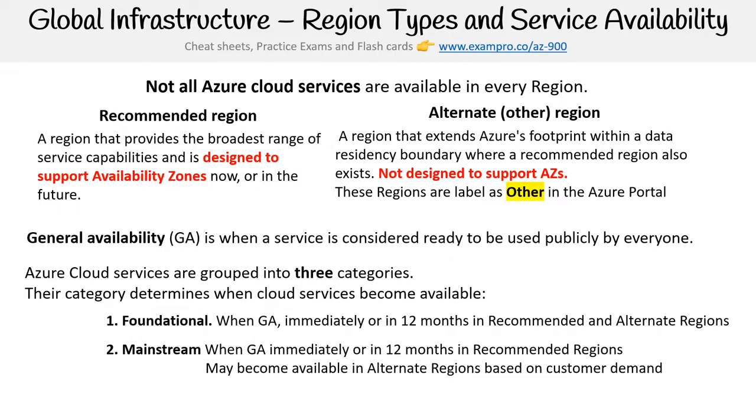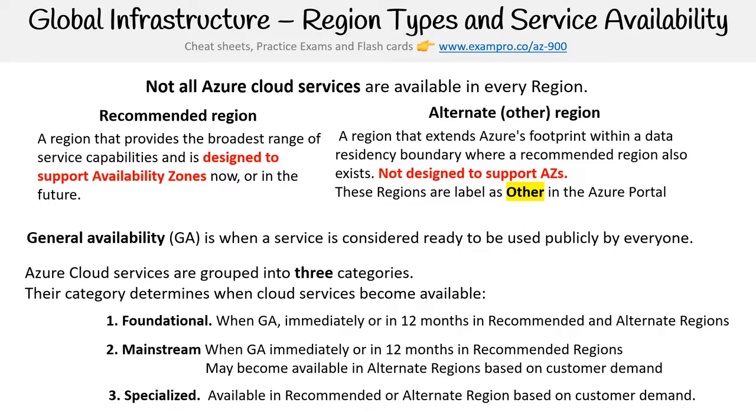These are cloud services that will become immediately available in a recommended region, or within 12 months when it goes GA. But for the alternate region, it may become available based on customer demand. And then the last one is specialized. Cloud services in this category will become available in recommended or alternate regions based on customer demand. So hopefully that clears up service availability and region types.